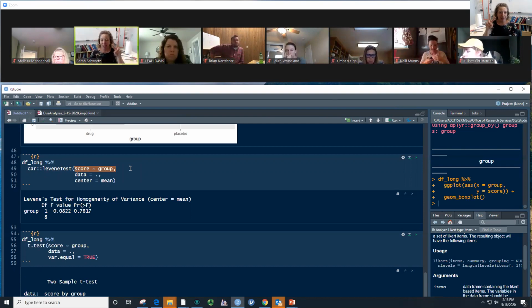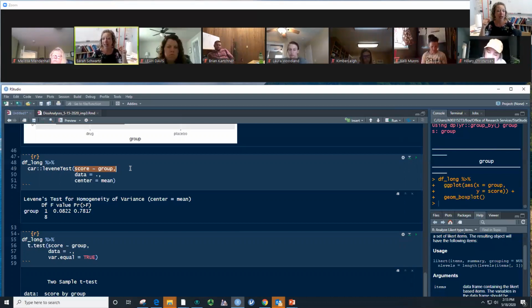The second thing we have to put in is what the data is. Now, usually the pipe lets the data flow to the next step. That works for all the tidyverse functions. Tidyverse functions expect the data set to be the first thing in the parentheses. But some of the older functions didn't. Here, the data set is supposed to be the second thing in those parentheses listing.